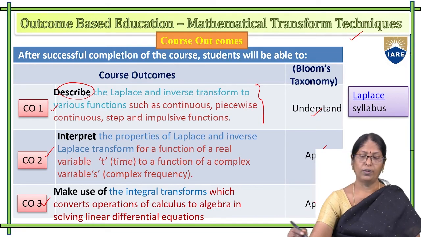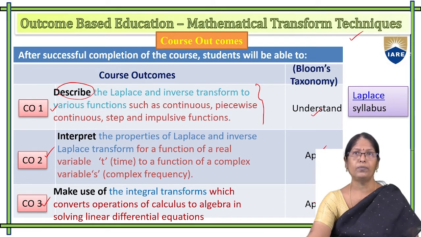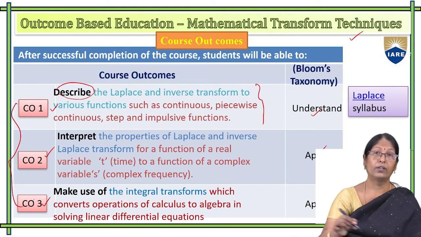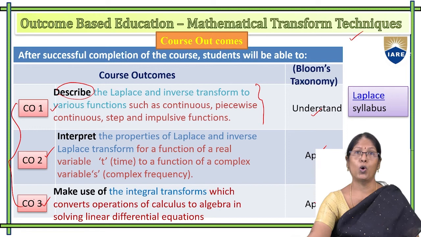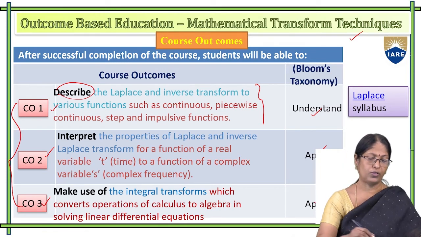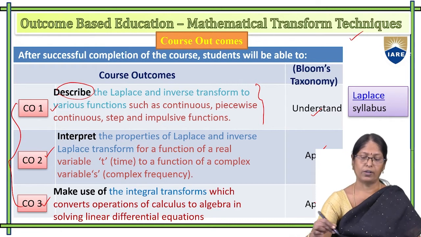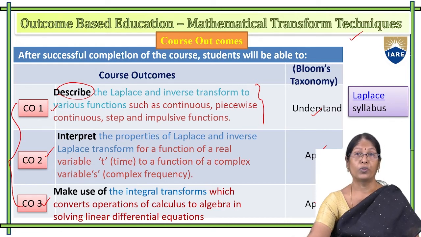So now in our module 1, Laplace Transform, there are 3 outcomes, CO1, CO2 and CO3. So 3 outcomes are written for this module 1.